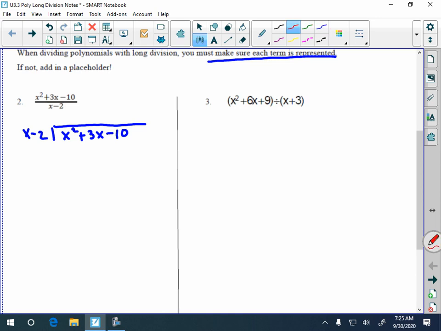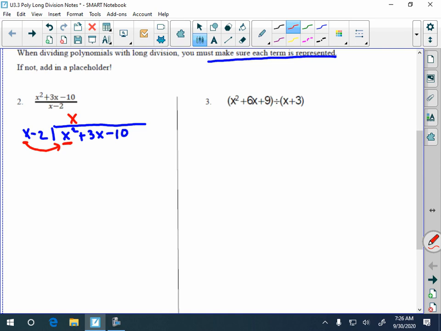So now we take the x on the outside and the x squared on the inside, and you're asking yourself, what do you have to multiply the x on the outside by to get the x squared on the inside? So x times what is x squared? Well, it's x.